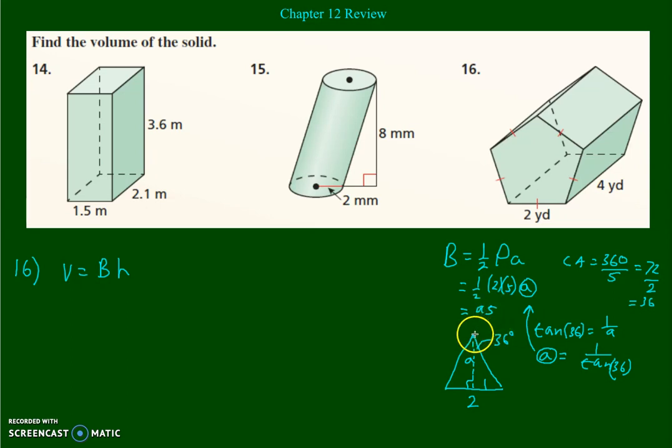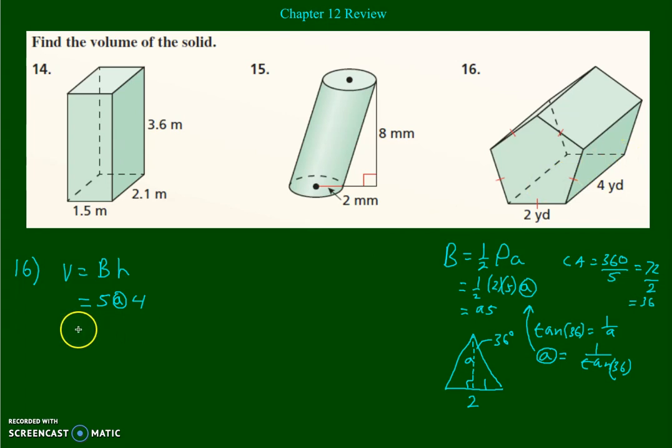Apothem times 5. So let's go back over here, and our area of a base is 5 times the apothem we had stored times h. The h is the height or length of the prism, so that's times 4.